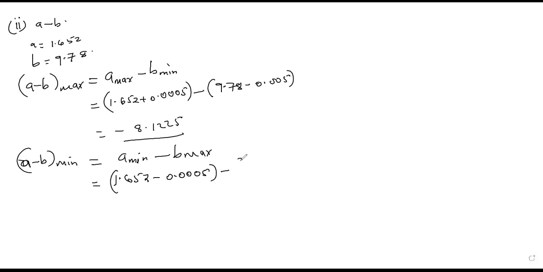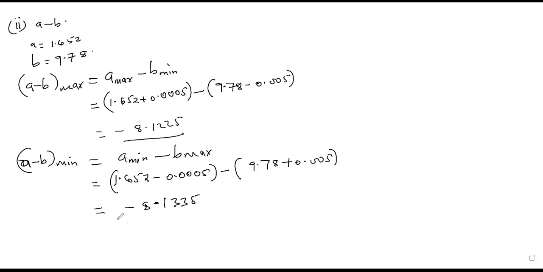Then minus B maximum. For B maximum, we shall have 9.78, we add 0.005. So this is going to give us negative 8.1335. And we avoid rounding off unless we are told to do so.